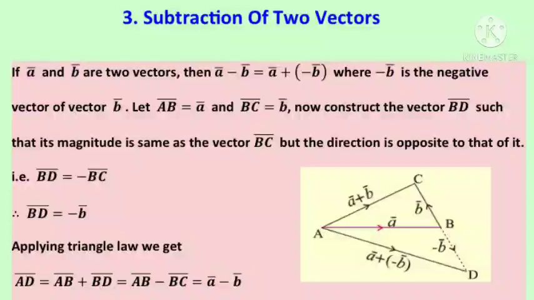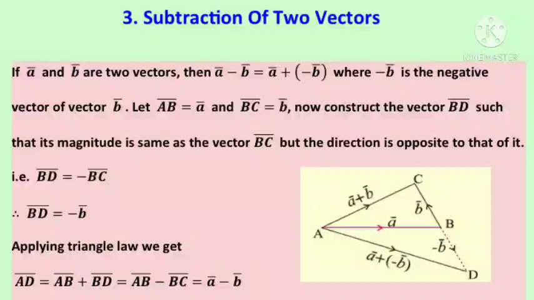So extend till point D such that BC and BD have the same length but opposite directions. So they will be negative of each other. You can see we have written BD bar is equal to minus of BC bar. Now BC bar is B bar, therefore BD bar will be equal to minus of B bar.